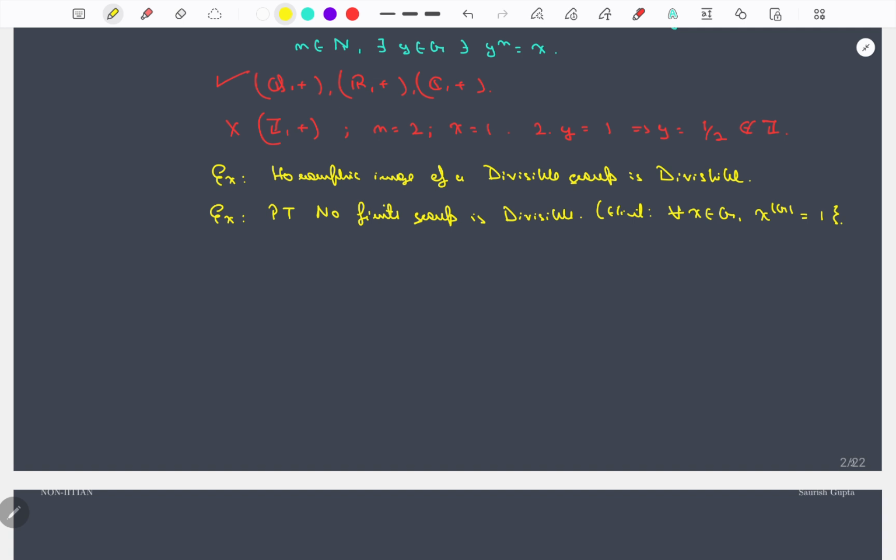This is the only thing which you need to prove that no finite group is divisible. So you cannot have, in some sense, a surjective homomorphism from a divisible group to a non-divisible group. For example, you will never have a surjective homomorphism from Q plus to Z plus. This is one way to contradict it.